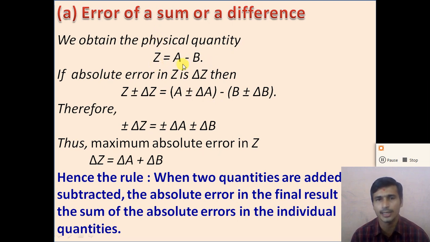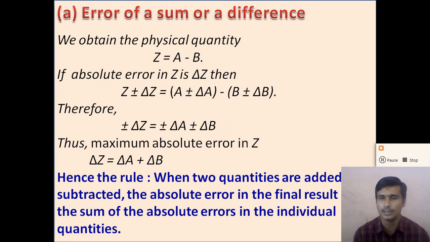So we can write Z is equal to A minus B. Now if the absolute error in Z is delta Z, then we can write like this: Z plus minus delta Z is equal to A plus minus delta A minus B plus minus delta B. So in this case also, the average absolute error in Z is equal to combination of the delta A and delta B. So plus minus delta A plus minus delta B, we get the four combinations: plus delta A plus delta B, plus delta A minus delta B, minus delta A plus delta B, and minus delta A minus delta B.